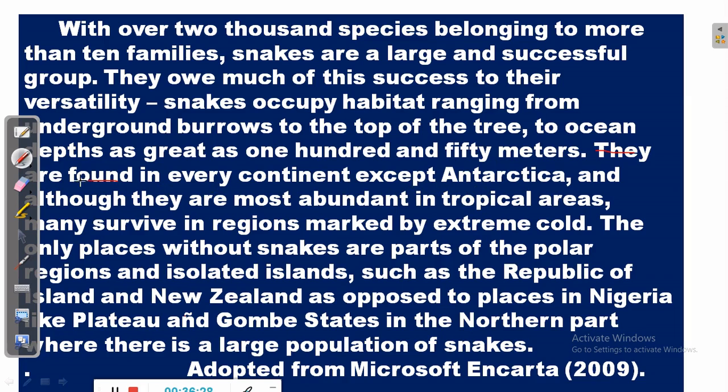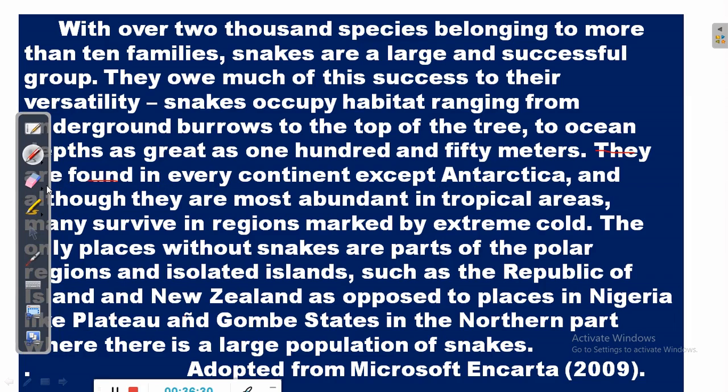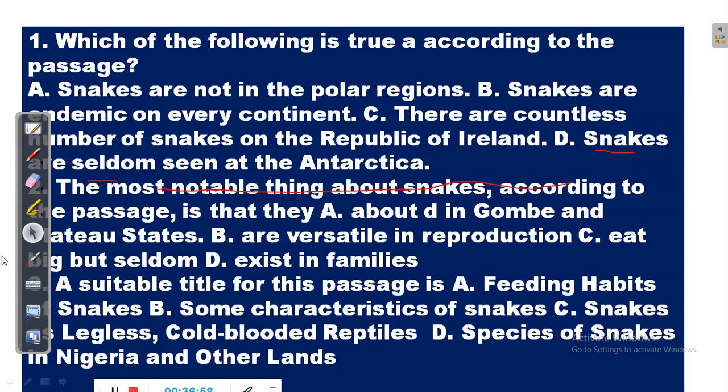So here we have evidence, and like I said before, the answers to the comprehension question must be based on evidence. Of course, this is not the one we are talking about. So the evidence is here, except Antarctica. So we have seen the evidence. So we now go back and we can ratify the option we had earlier chosen.